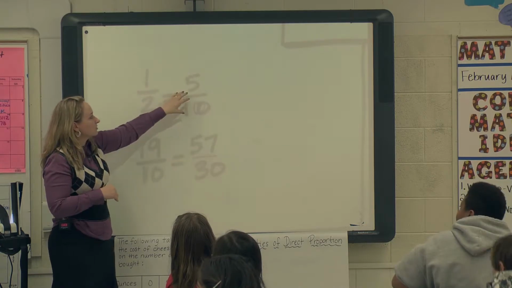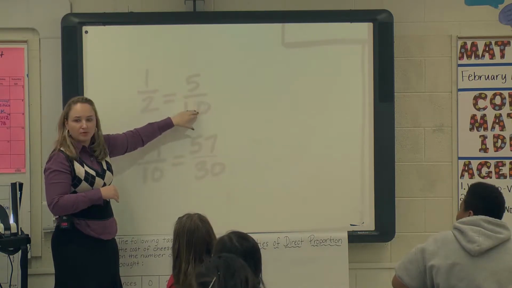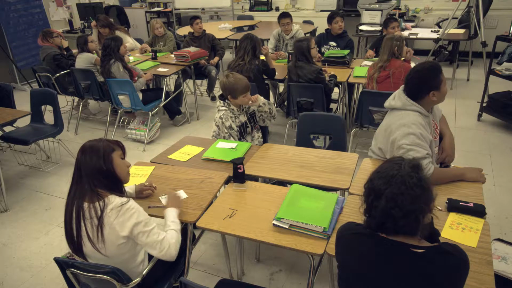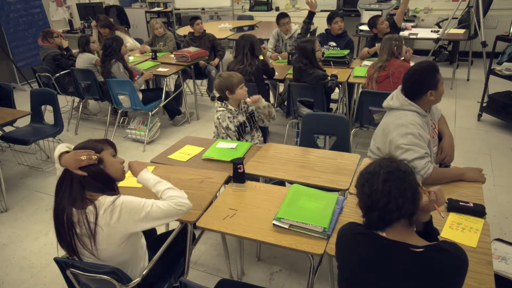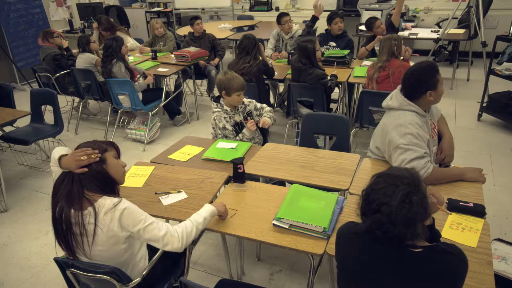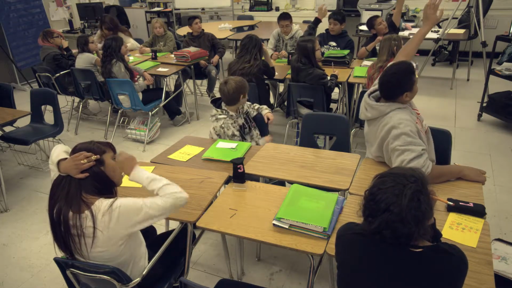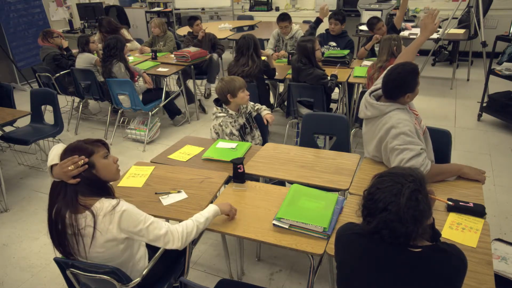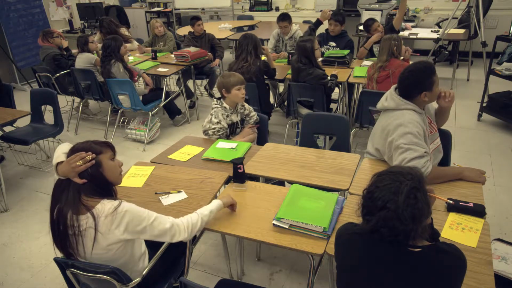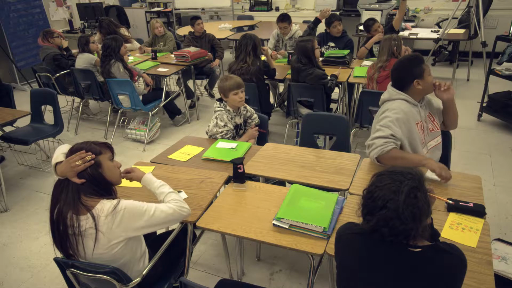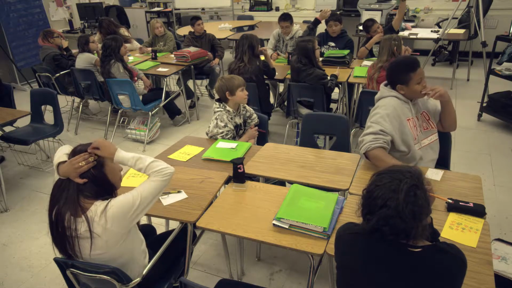Am I going to divide just 5 by 2 or both numbers by 2? Oh, so 5 divided by 2 is 1? You want to rethink? We multiply by the half. Oh, so 1 times 5 is 5, 2 times 5 is 10. So we know they're equivalent, they're going that way.